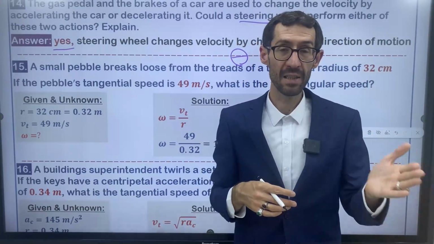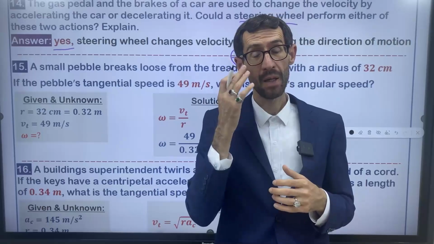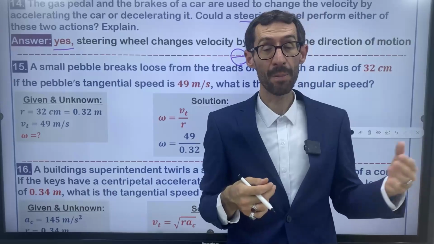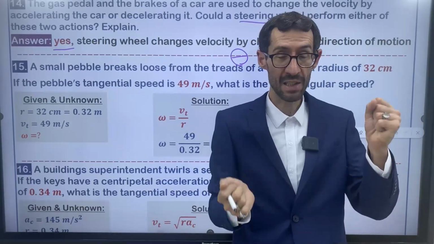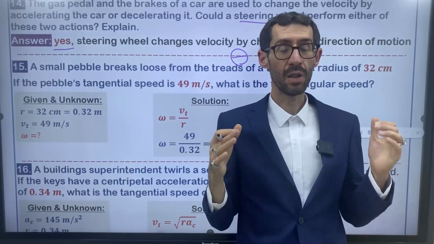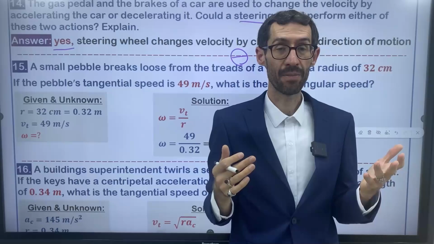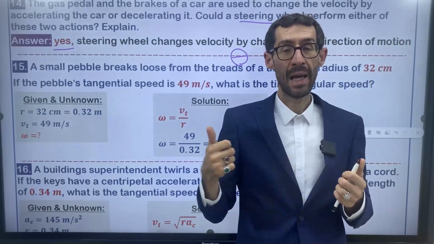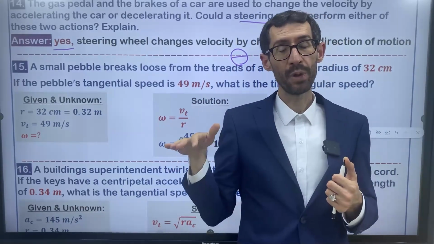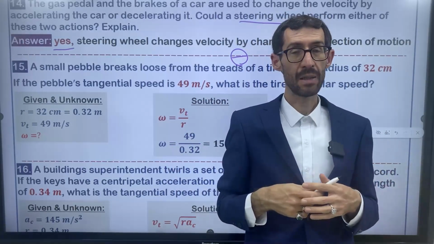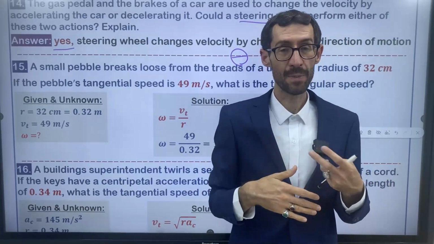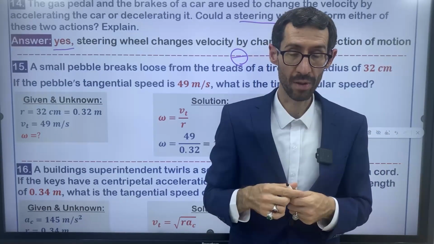It starts from rest and picks up a velocity. That's why a steering wheel can speed up the car just by turning the wheel. Actually, if the car is in neutral and the handbrake is down, in this situation you can speed up the car just by turning the steering wheel.